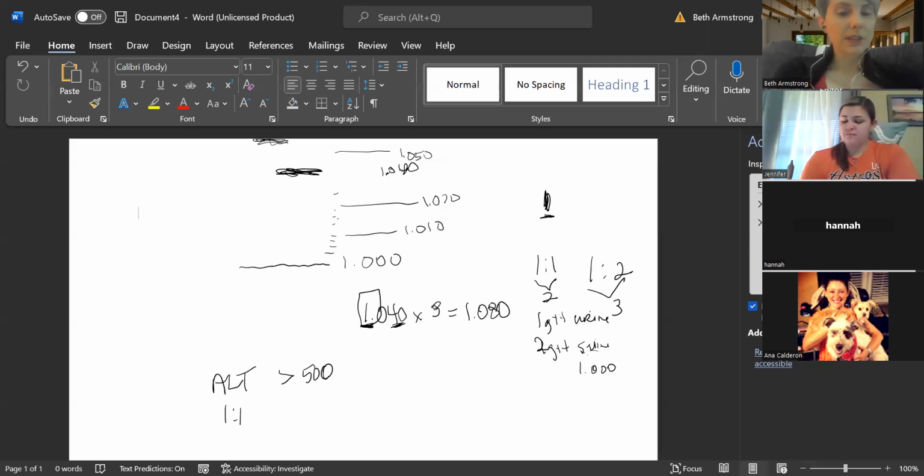If we didn't do the math on the machine and it says your ALT comes back at 540, then we have to go, okay, I have 2 parts here, so I need to multiply this by 2 to get my actual real ALT, right? And that would be 1080.